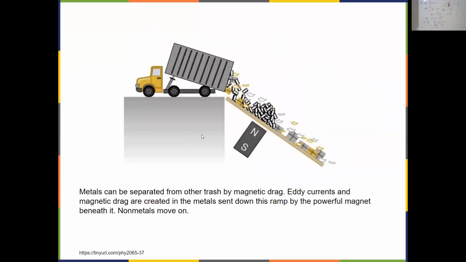Another application here is for garbage: if you want to sort out the metals, you can put a magnetic field here. As the garbage goes down, because eddy currents will be produced inside the metal, the metals will be pulled over here, okay?